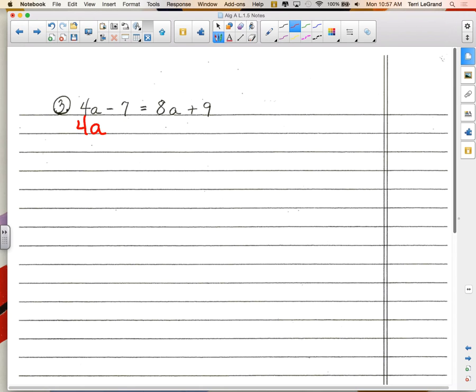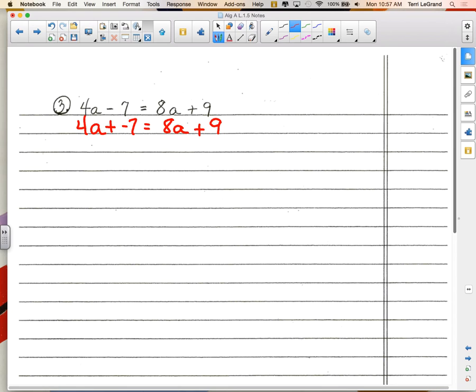Okay. 4a stays 4a because it's not what's being subtracted. It's the 7 that's being subtracted, so we change the subtraction to addition, and the opposite of 7 is negative 7. And do we need to change anything on the other side? No, we already have addition, so we don't need to mess with it.